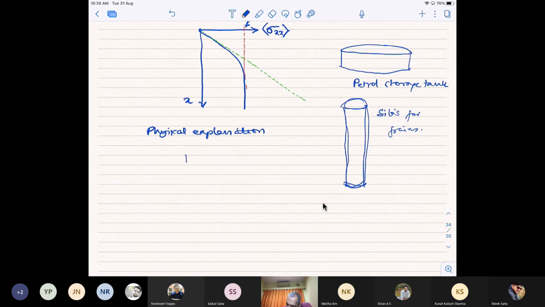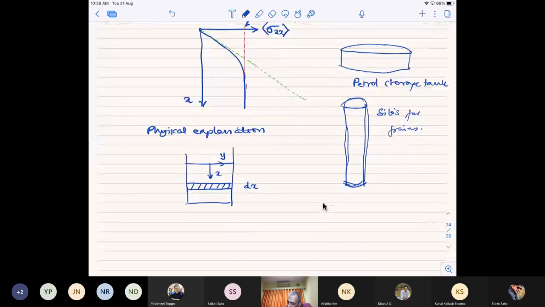In our system, we have this x, y, and now if we just take a thin strip over here, let's say of thickness dx, then the weight of this strip is acting downward, and that is rho b g dx into w, or let's say dx into 2w actually.